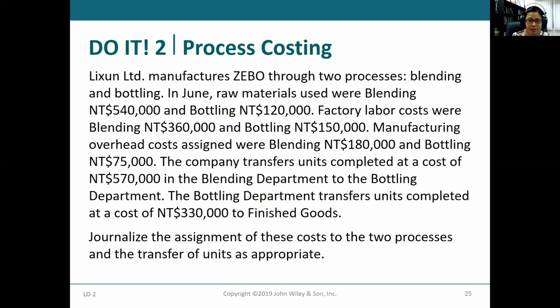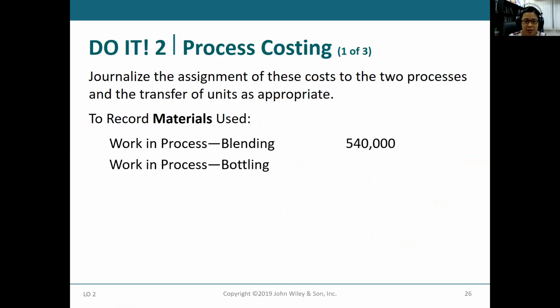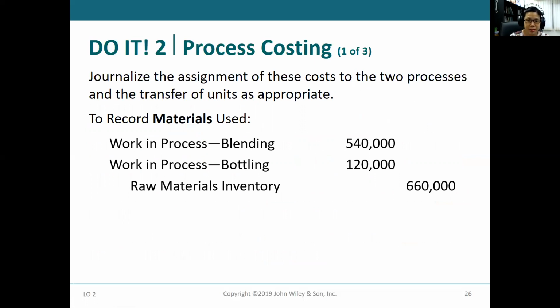So let's do this one. First of all, raw material used were blending 540,000, bottling 120,000. What will be the journal entry when we use raw material in the production process for blending and bottling? We debit work in process for blending 540,000, debit work in process for bottling 120,000, and credit raw material inventory for 660,000.